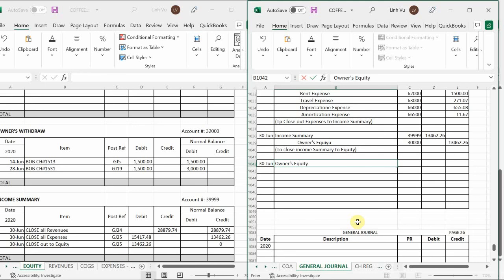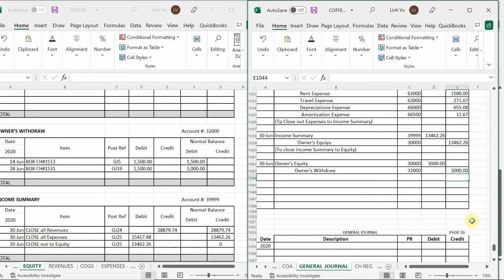Since I'm debiting my owner's equity, I am decreasing the value of my equity, reflected in owner's withdrawal, right? That makes sense. If you take away money from your company, you are decreasing the value of your company. And how much are we decreasing it by? $3,000.